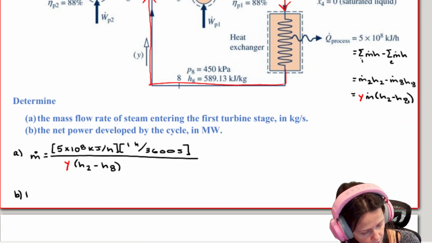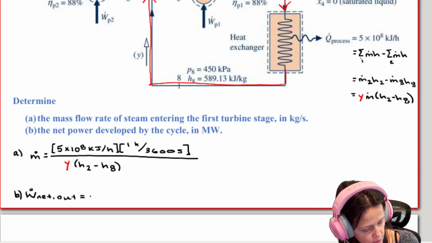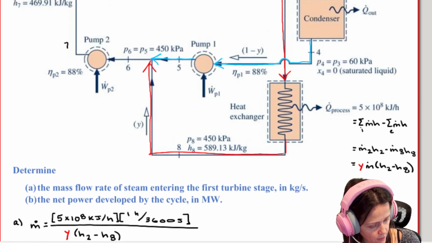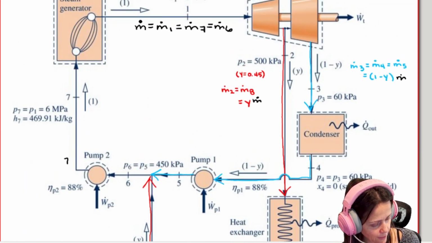So my W dot out is going to be m dot times h1.